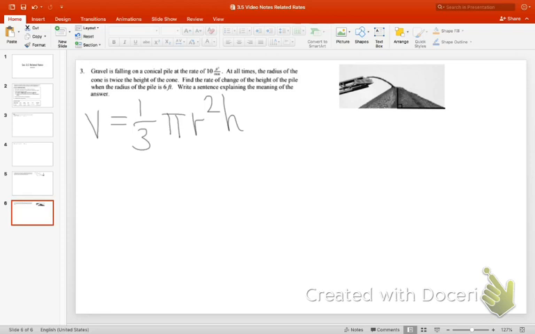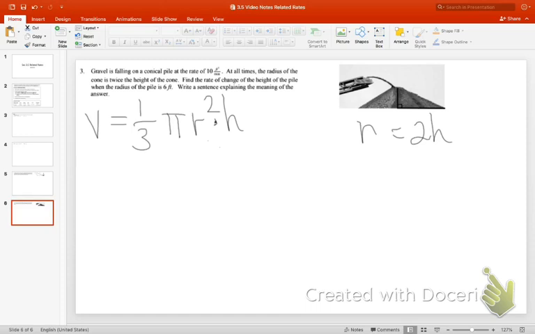So let's go ahead and look at taking this thing's derivative. Now, if I leave it as is, notice that we have a product between r squared and h. We can avoid doing this product rule using the substitution that we know the radius is twice the height at all times.